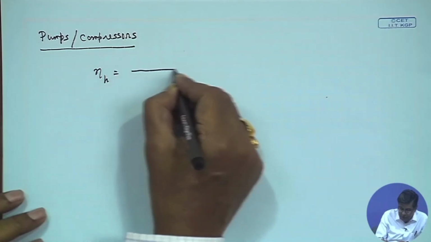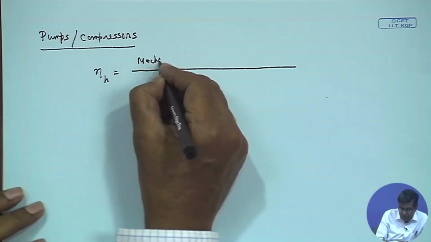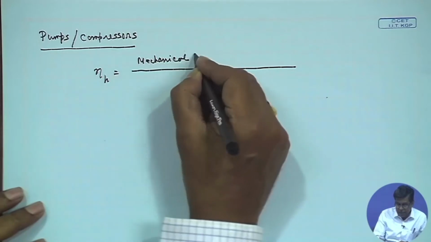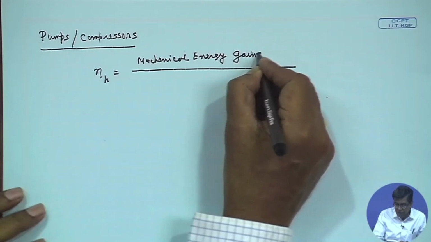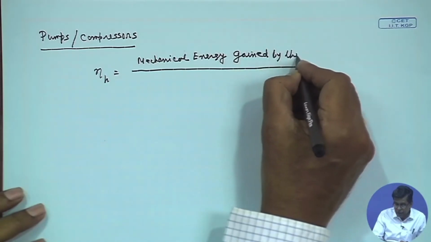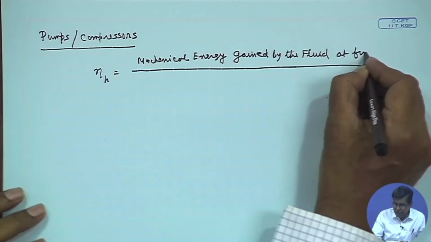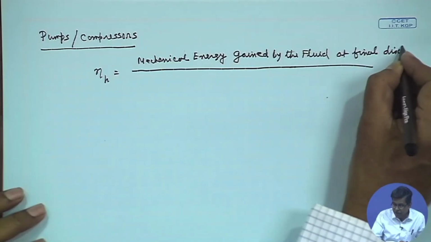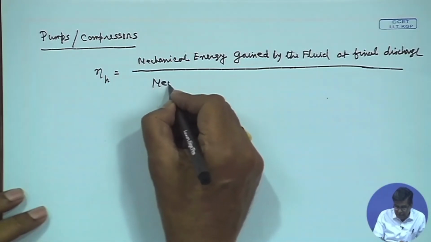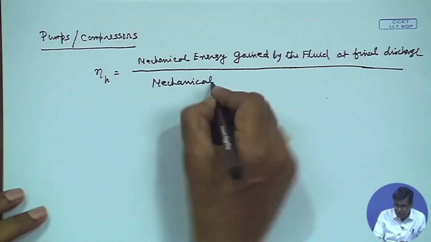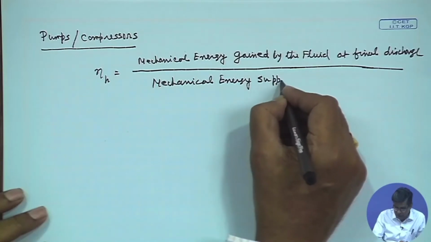Here the output is the mechanical energy gained by the fluid at final discharge, that is, discharge from the machine, and the denominator is the mechanical energy supplied to the rotor, or by the rotor.